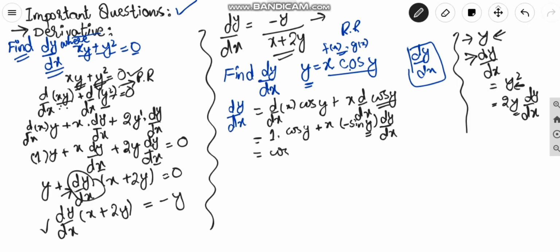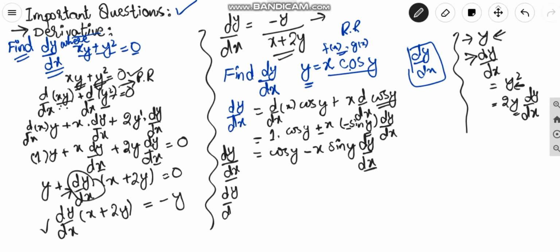Let's simplify it. Cos y plus and minus, it will become minus x sin y dy by dx. On the left hand side there is also dy by dx.